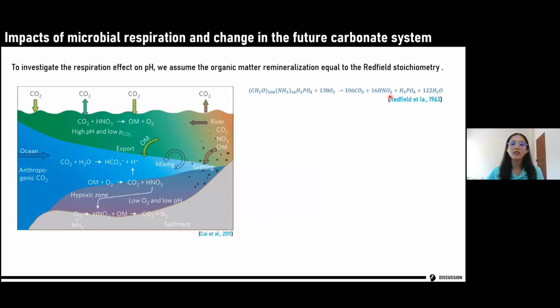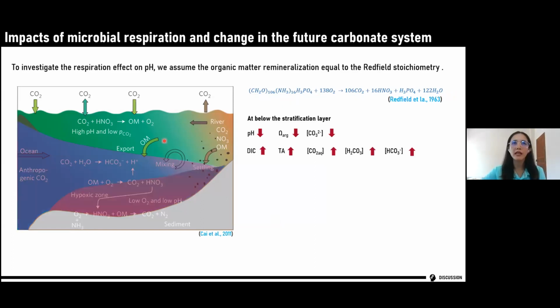And this figure shows the decoupling process between the surface layer and bottom layer of the carbonate species, in both the surface and bottom water.